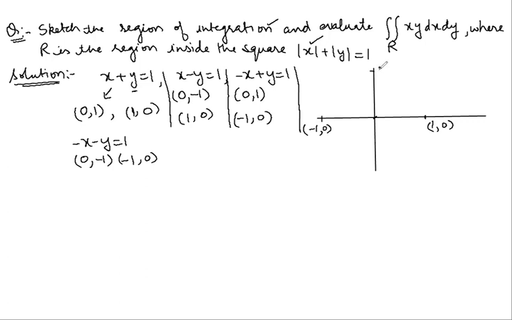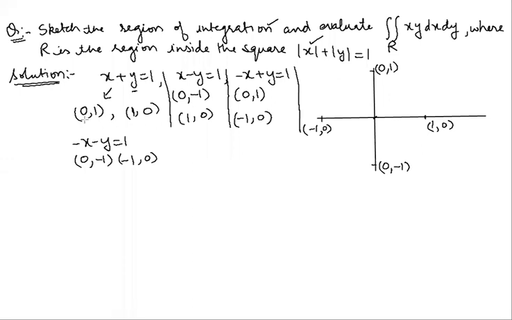This point is x 0, y 1, and this point is x 0, y minus 1. And you can see that all these points are this much only. Either x is 0 or y is 0, and the other value is either +1 or -1. So all these 4 values, and you will see now the square.